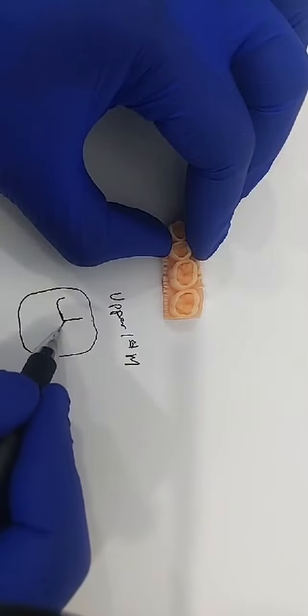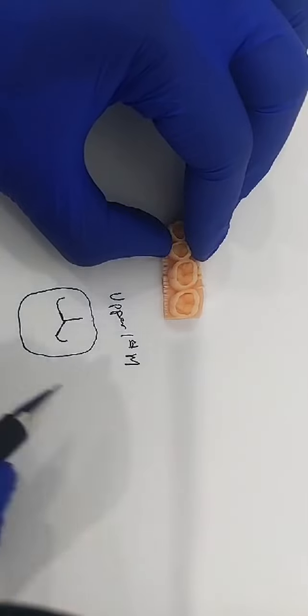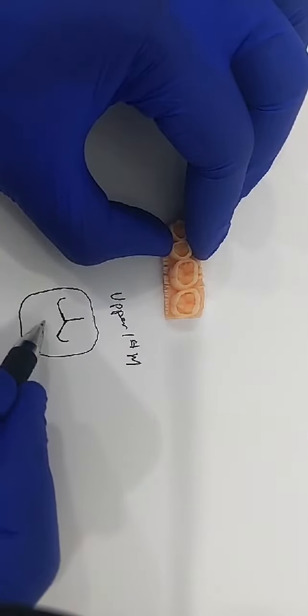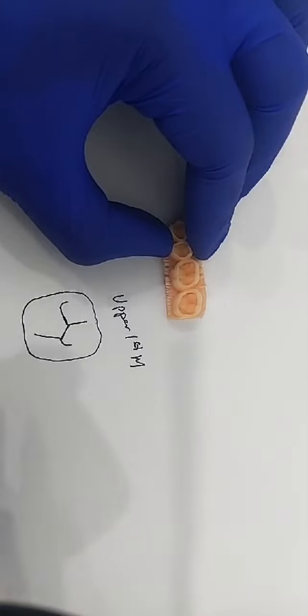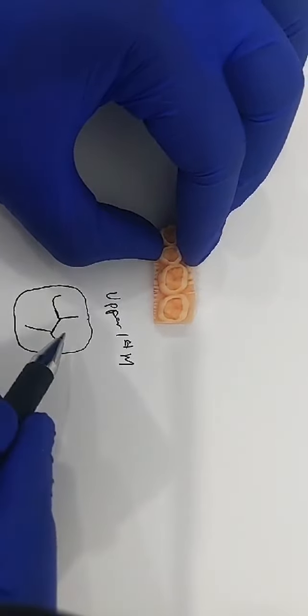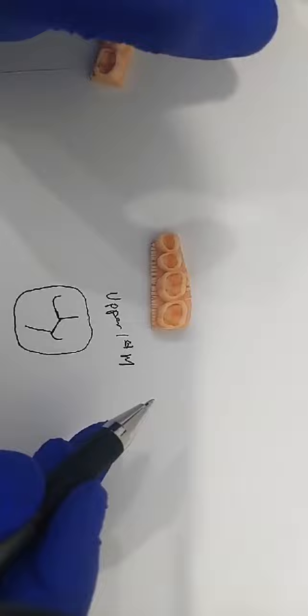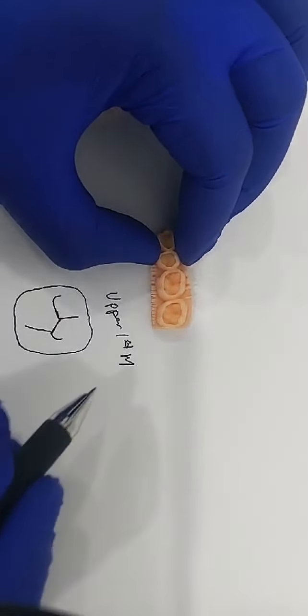With the distobuccal, same thing, we just curve that up. And then the mesobuccal is just an extension of that groove. So if we join that down, that's our primary anatomy done. If you follow that, we'll get teeth that look like teeth without getting too fancy.